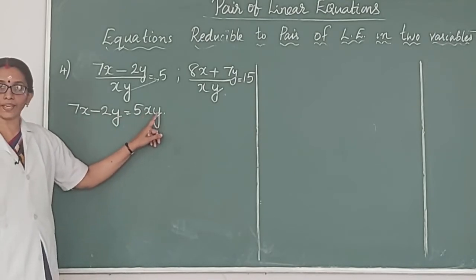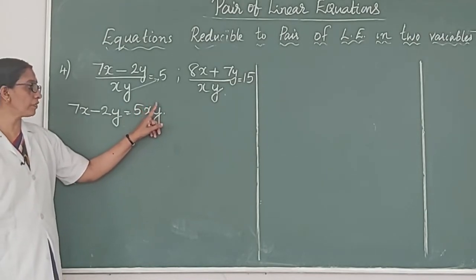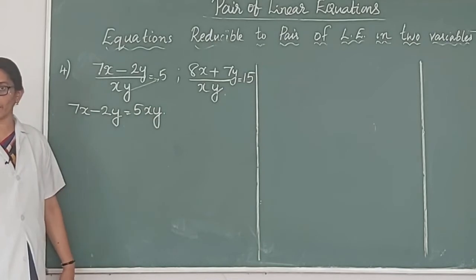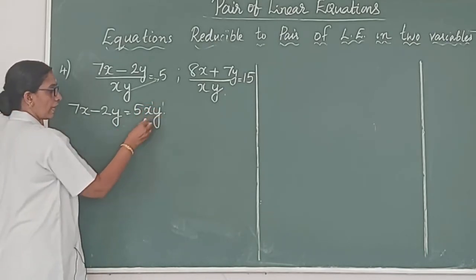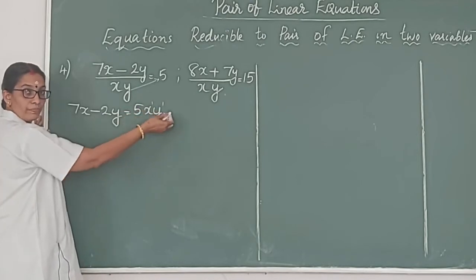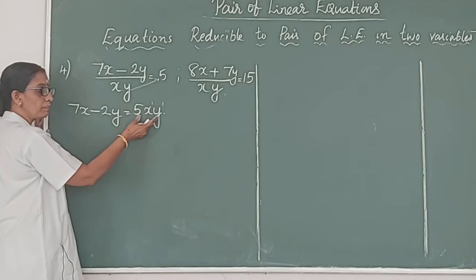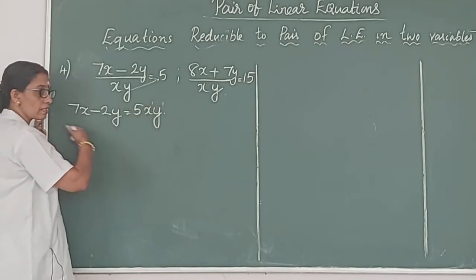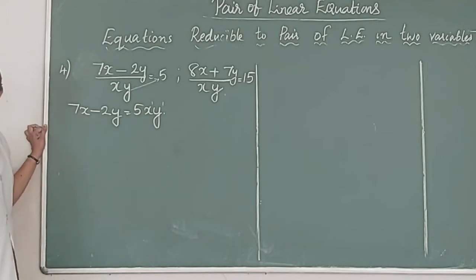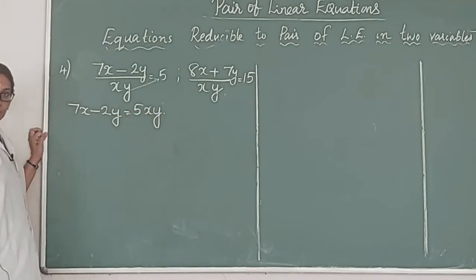If we have two variables in a term, the power will be the sum of the powers of the two variables. Here x is 1, y is 1, so 1 plus 1, the total power is 2. So it is not a linear equation.